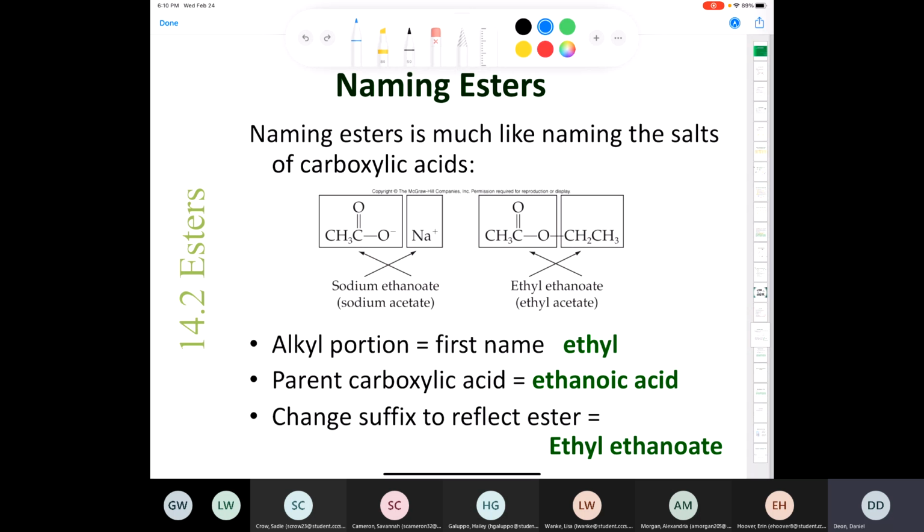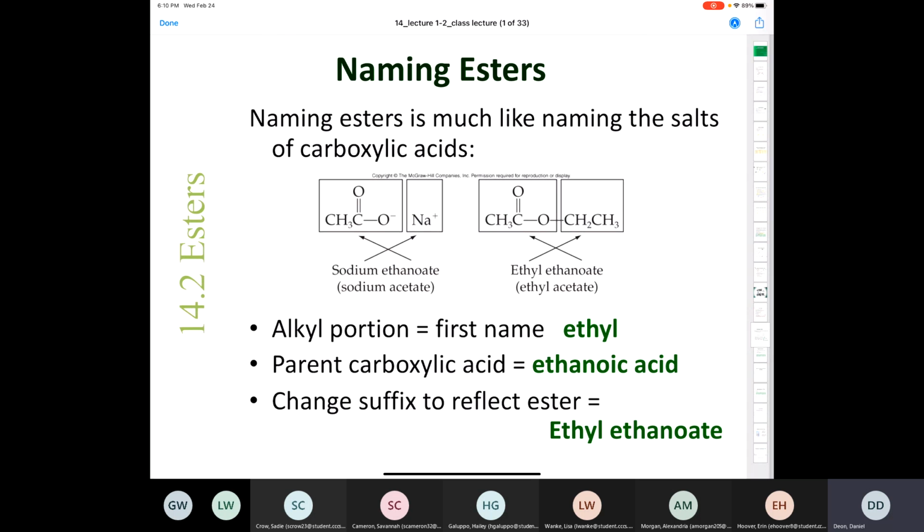Let's talk about naming esters again. And if you want a little help, this comes right out of our textbook. It was put together by Dr. Deniston herself. And she basically said, if you can name a carboxylic acid salt, you can name an ester. Kind of like the same thing, right?